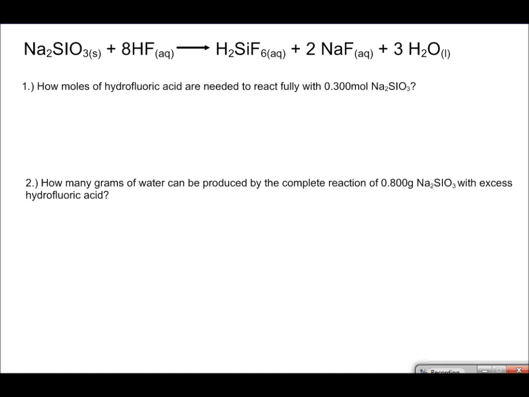So if you have a balanced equation, and here we have a fully balanced equation, you can set up your factor label method if you remember that in a balanced chemical equation, the coefficients in front of each compound represent a ratio of one compound to another, known as the mole to mole ratio.